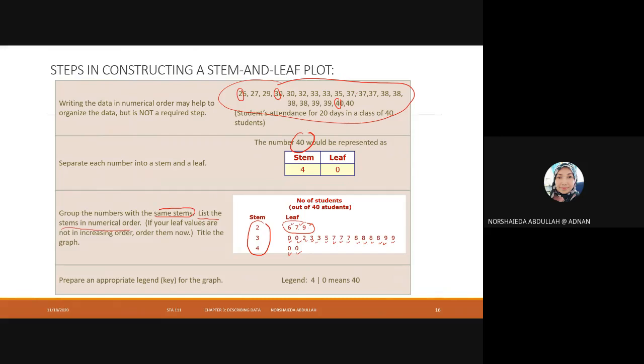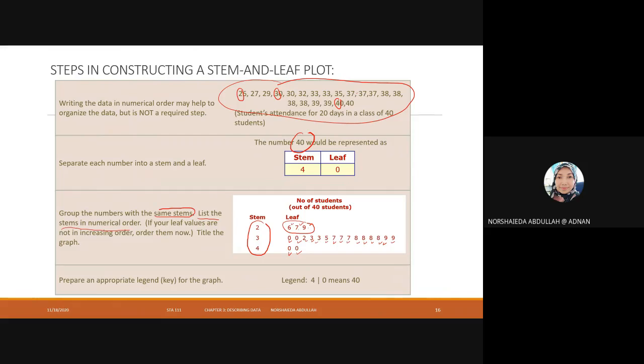So from this display, we know the distribution roughly, and we also know the value of the data. If the data is 35, we know that 5 students were absent. If the data is 39, we know that 1 student was absent.